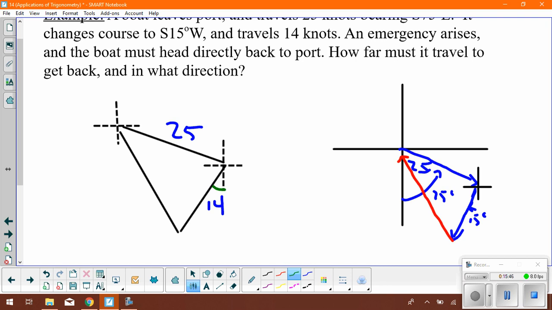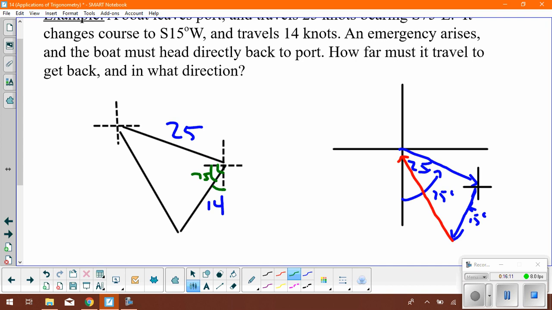So that means this one beside it, going all the way the rest up to west there, has to be 90 minus 15. So that's 75, because that corner makes a right angle. So the little one's 15, the leftover part is 75.